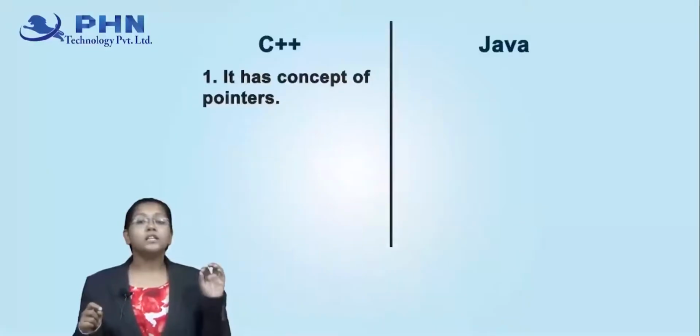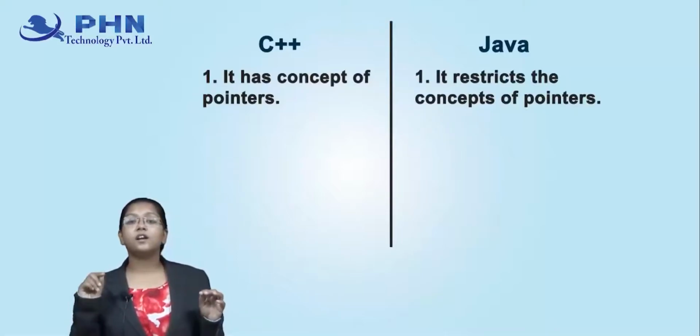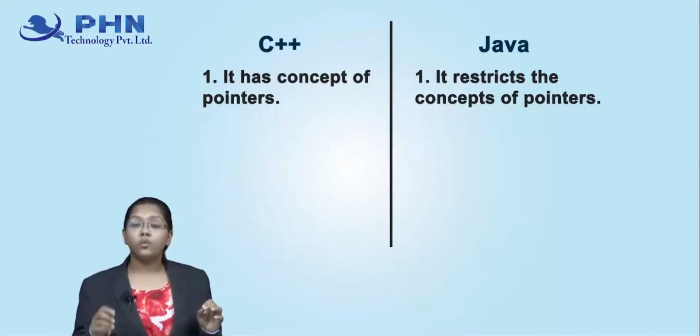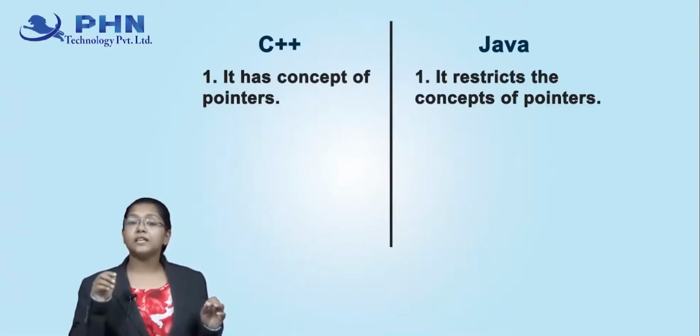Now every time I compare Java with C++. Let's see the basic difference between these two languages. First of all, between C, C++ and Java, the difference is that C++ has the concept of pointers, whereas Java restricts pointers. Why? Because just now we said that Java has strong memory management and is a secured language.